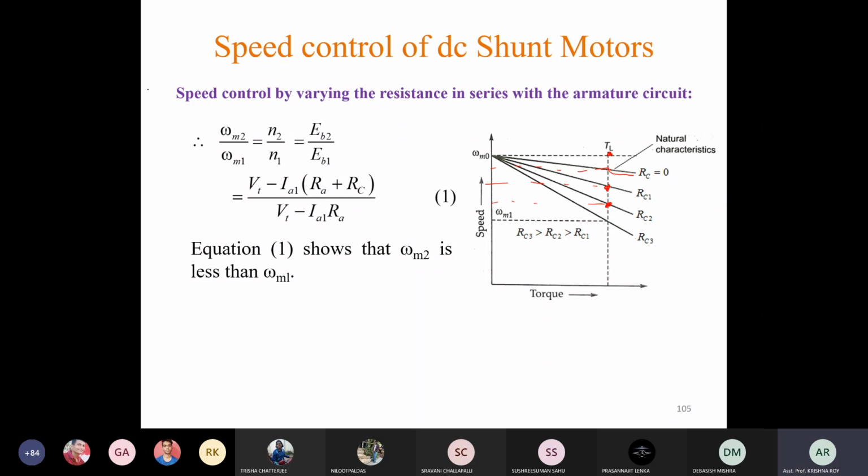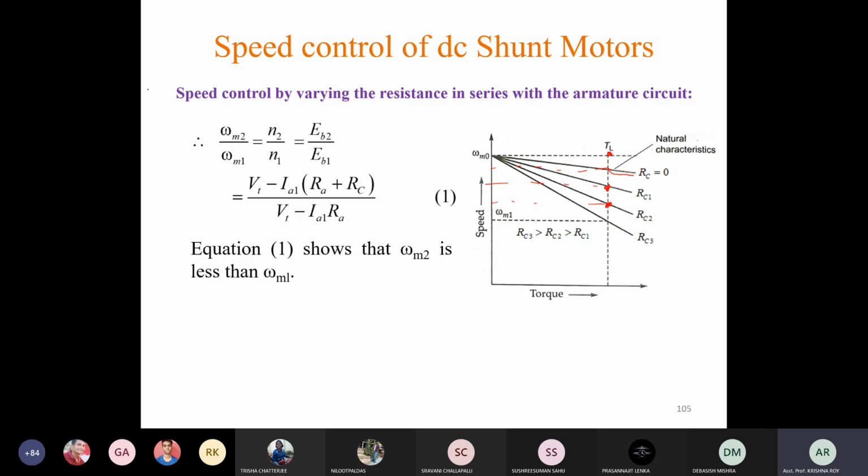Here there is no option of increasing, but in our previous method, the variation of terminal voltage, we have the option, but we cannot do that due to some protection point of view. In this method we don't have any option to increase the speed above base speed by varying the controller resistance or external resistance.